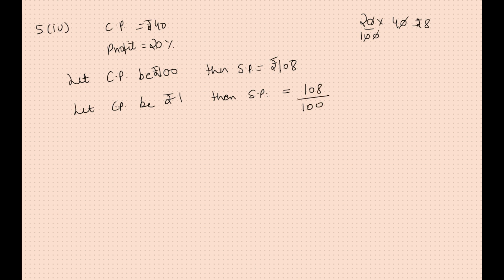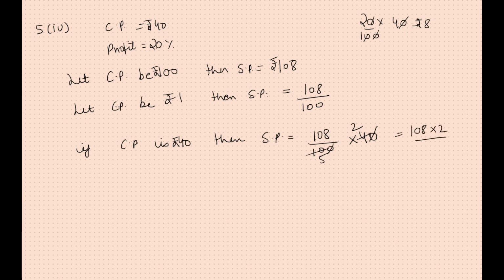If cost price is 40 rupees, then selling price would be 108 upon 100 into 40. Okay, so on solving, so 108 into 2 upon 5.